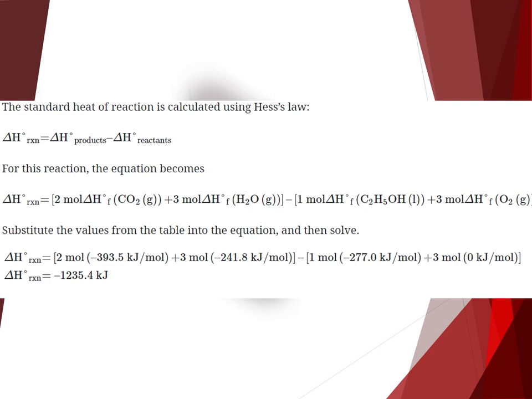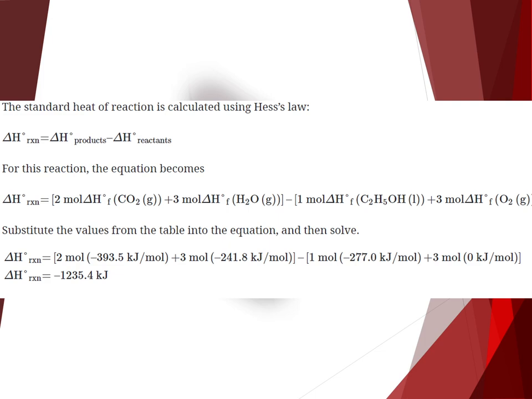The standard heat of reaction is calculated using Hess's law, according to the equation on the screen here. For this reaction, the equation becomes 2 moles of the heat of formation of CO2 plus 3 moles of heat of formation for the water, subtract 1 mole times the heat of formation of the ethanol, plus 3 moles times the heat of formation for oxygen gas.